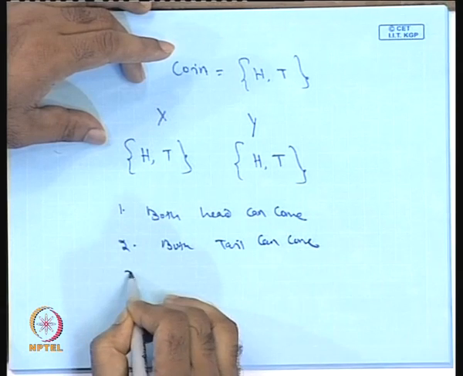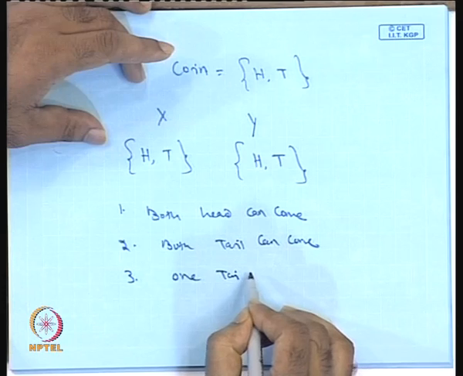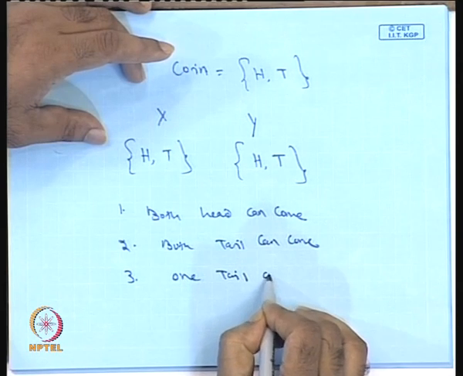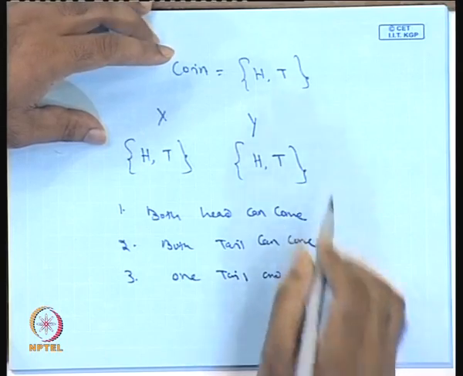In the third case, one tail and one head. So there are three possible situations. We have to make an experiment, find the possible outcomes and to what extent we have to bear it. In that context, probability plays a fantastic role.